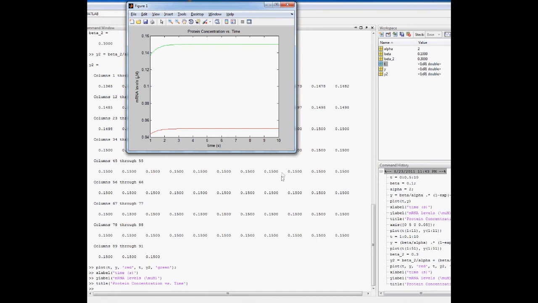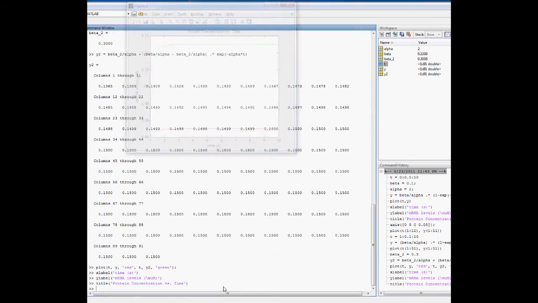Notice that we specified the color of the line after each pair of independent-dependent variables in the plot line.